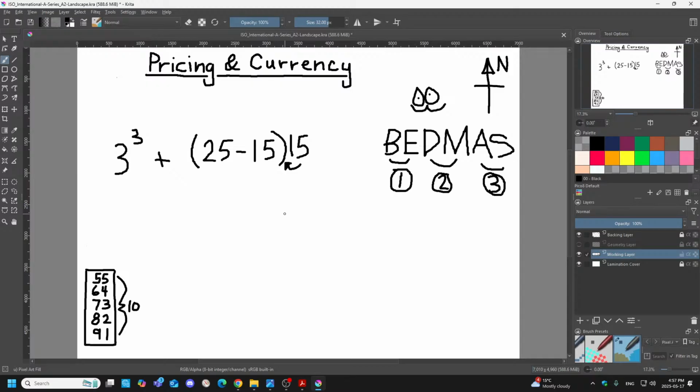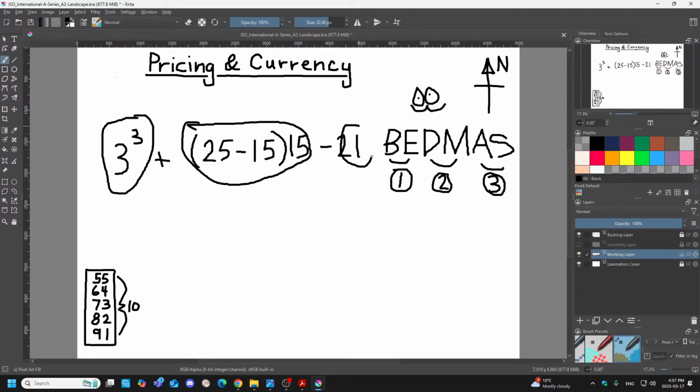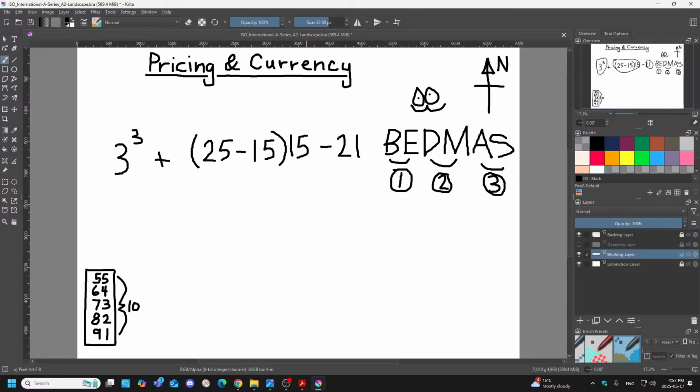You don't need to write it. And then minus 21. There we go. So I know this is neighbor 1, this is all neighbor 2, and this is neighbor 3. Break it into parts.